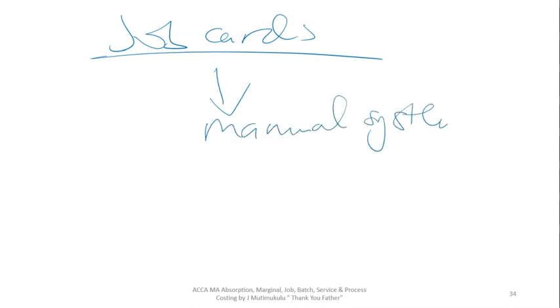These days it's all about computerized accounting systems. So there are what are called job costing systems, which are in a computerized environment where we'll be having some accounting software designed for job costing.